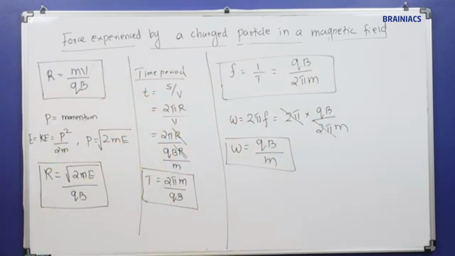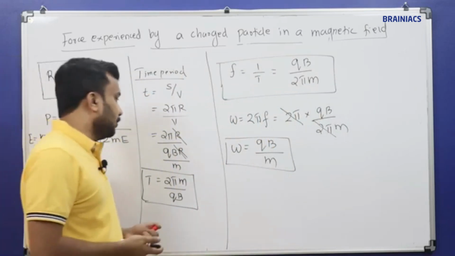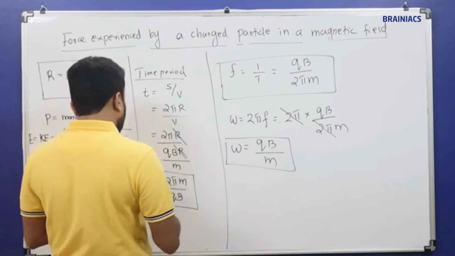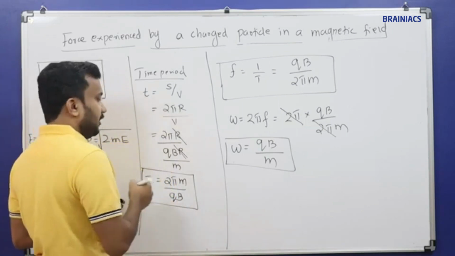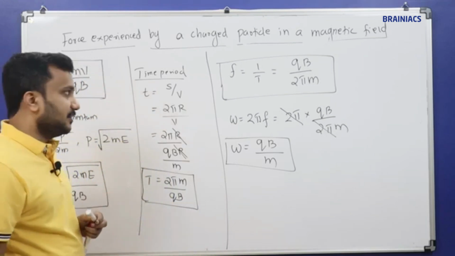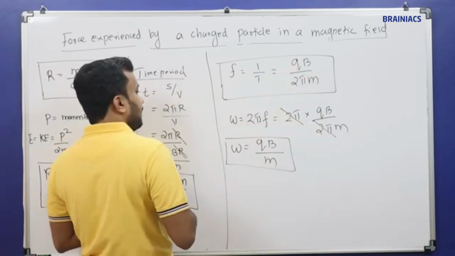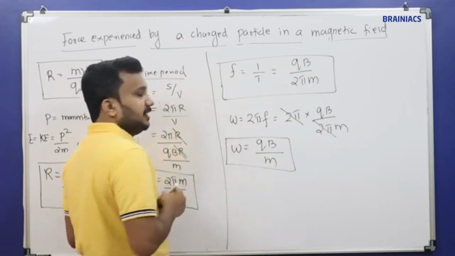So these are all the various relations we can derive from this one. The relation between energy and radius, and r equals mv by qB, and the time period equation T is equal to 2 pi m divided by qB, and frequency is the reverse of this, 1 by T equal to qB by 2 pi m, and omega is equal to qB divided by m.